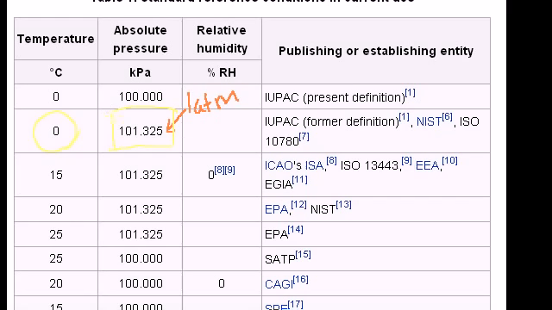But let's say that these are all different standard temperatures and pressures based on different standard-making bodies, so they can't really agree with each other. Let's say we took this as the definition of standard temperature and pressure.